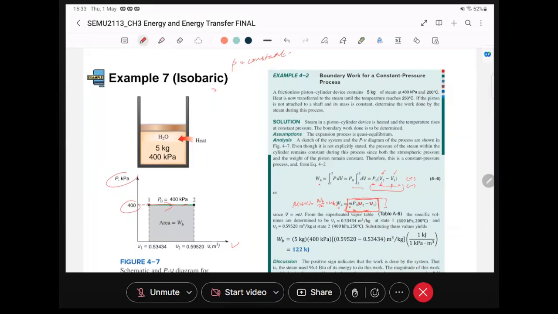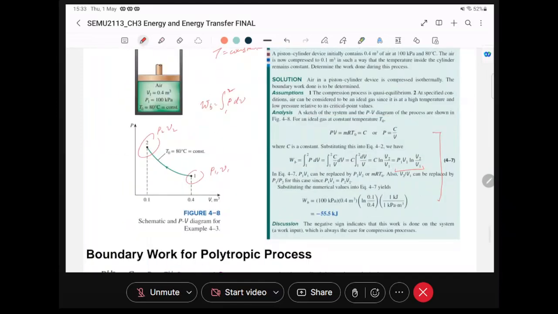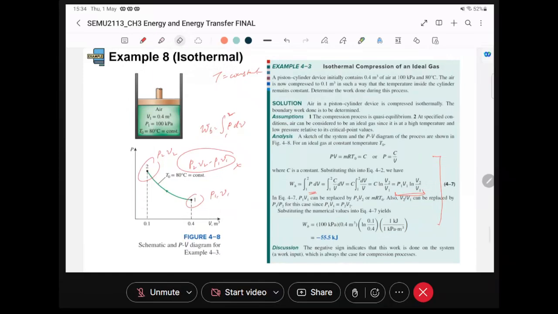But otherwise, the integration itself will bring you to a slightly different equation that we should be using, okay, rather than P1 V1. Okay, it's not like this. Okay, we have to plug into the integration here for us to find out what's the equation for the work, the boundary work in the isothermal process. Okay.